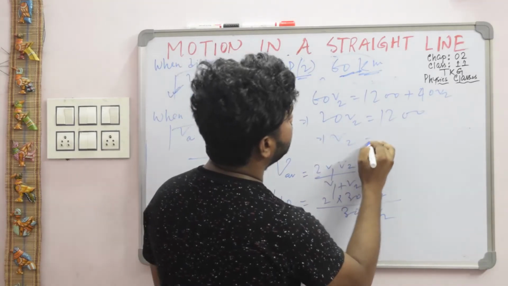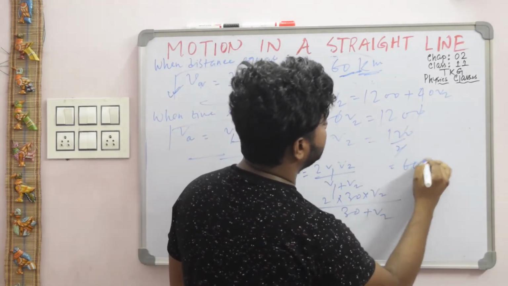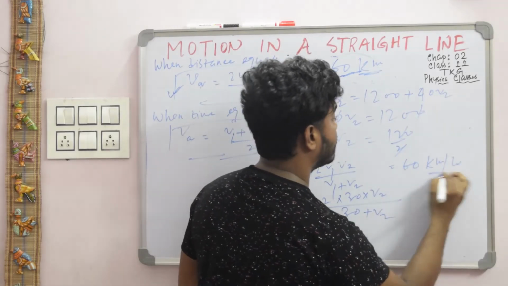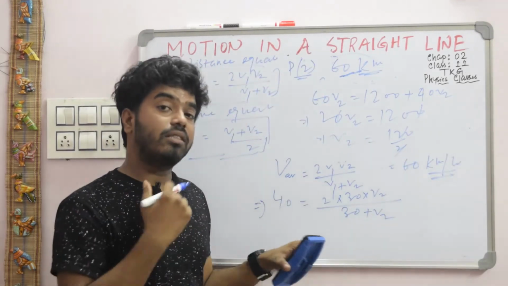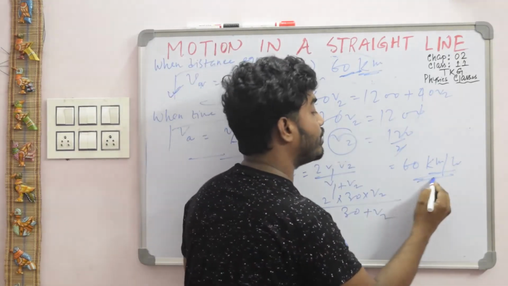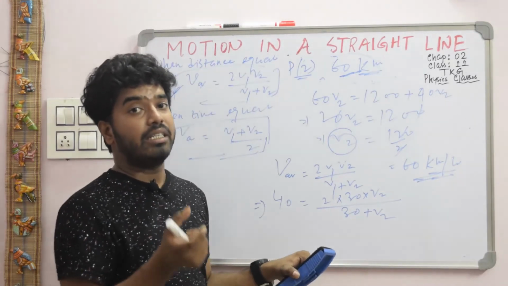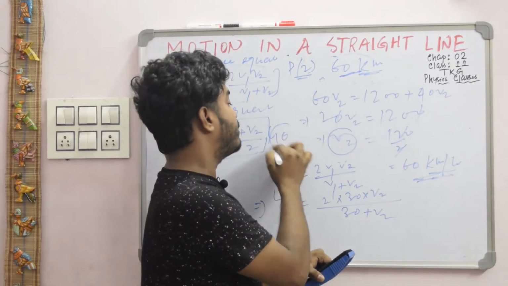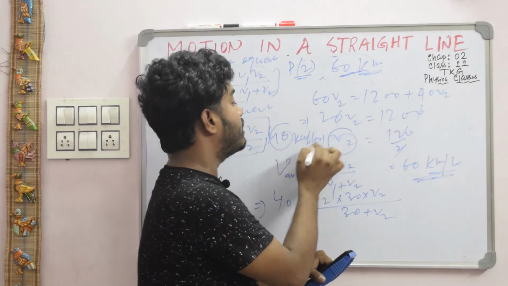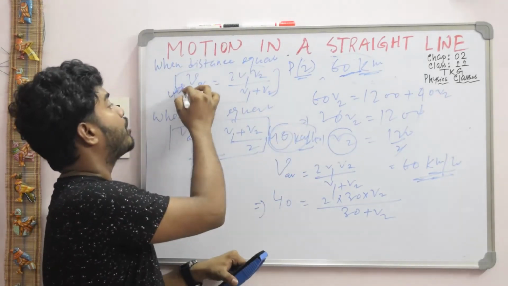So V2 will be 1200 divided by 20, that is 60 kilometer per hour, right? So for the next 30 kilometer the train travels with speed 60 kilometer per hour, so that for the entire journey the average speed will be 40 kilometer per hour. So this is the way to solve problems related to this formula.